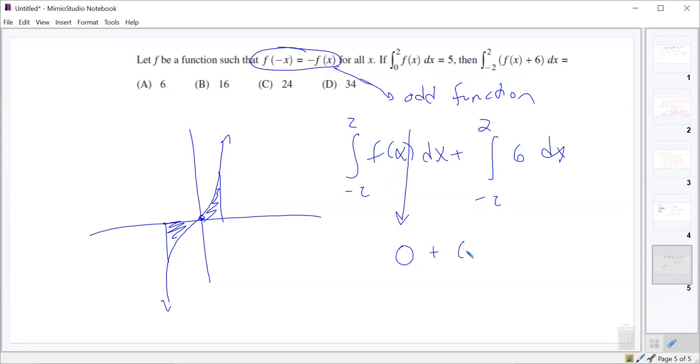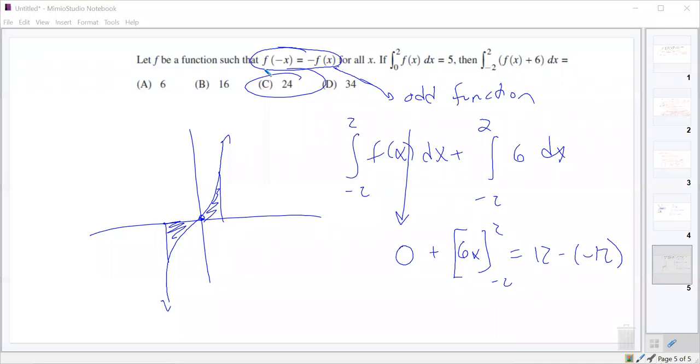So then we've just got 0 plus 6x from -2 to 2, which is 12 minus -12, which is 24. That makes sense or no? Cool.